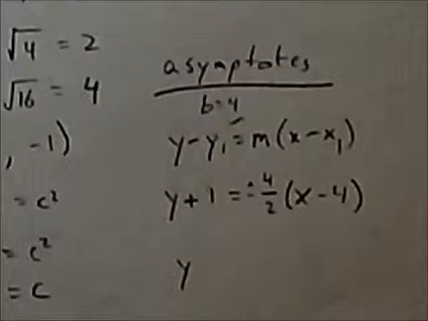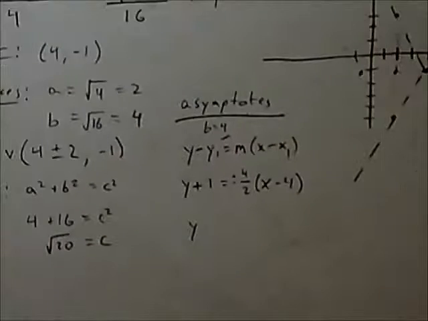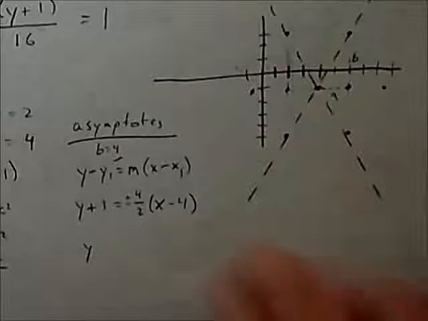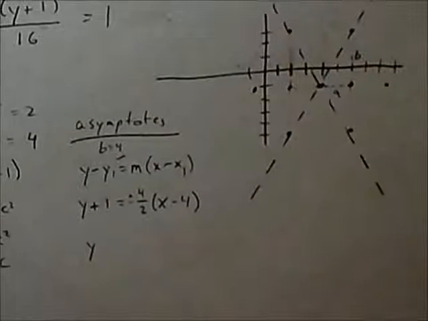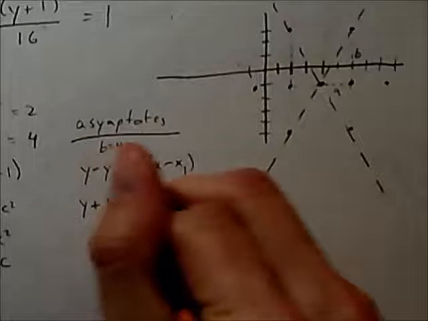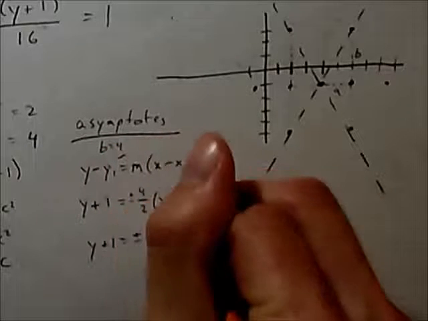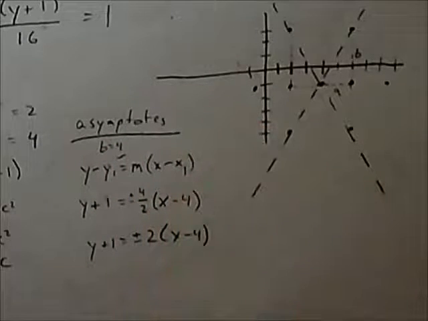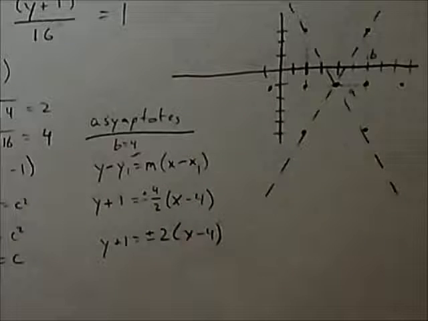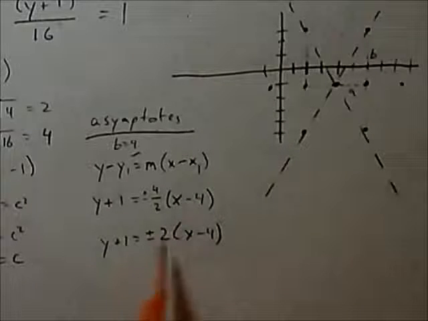Plus because one asymptote has a positive slope, one has a negative slope. So y plus 1 equals plus or minus 2 times x minus 4.